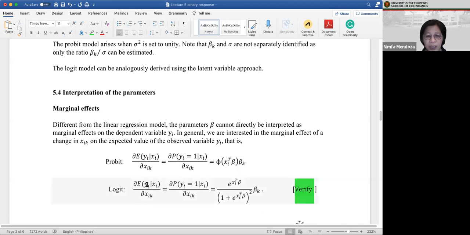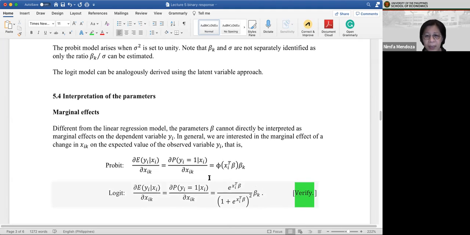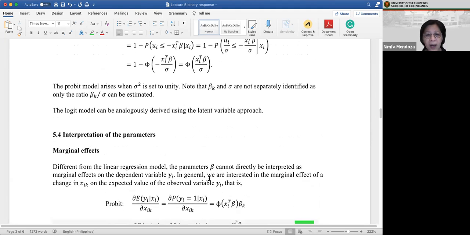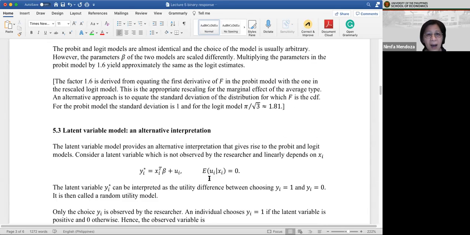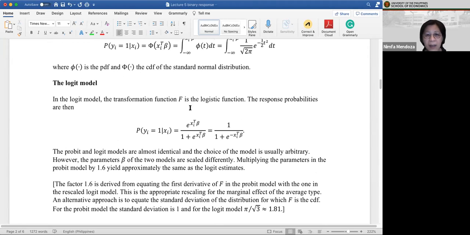Now for the logit, we have the same steps. For the logit, this is the probability that y is equal to 1 given x sub i. Therefore, you have to get the partial of that with respect to x sub ik.